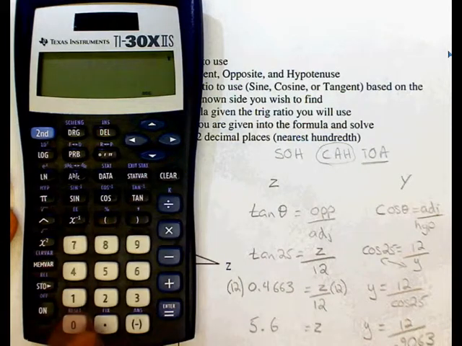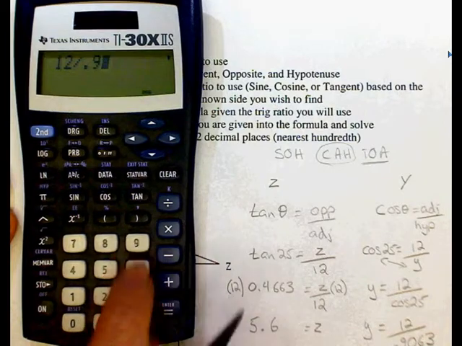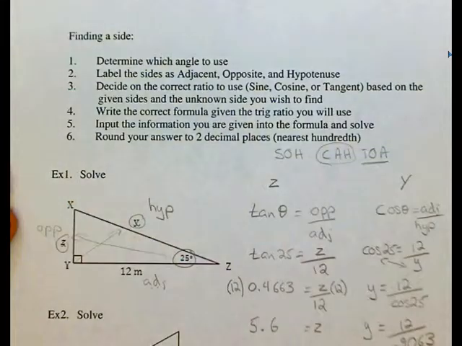Clear our calculator. 12 divided by 0.9063. Y equals 13.24. Now these both have units of meters, so our answers should have meters.